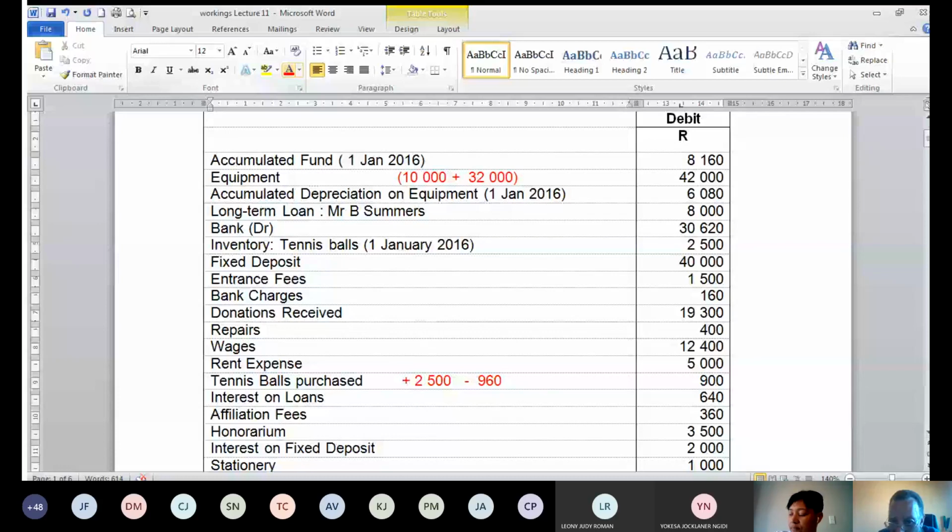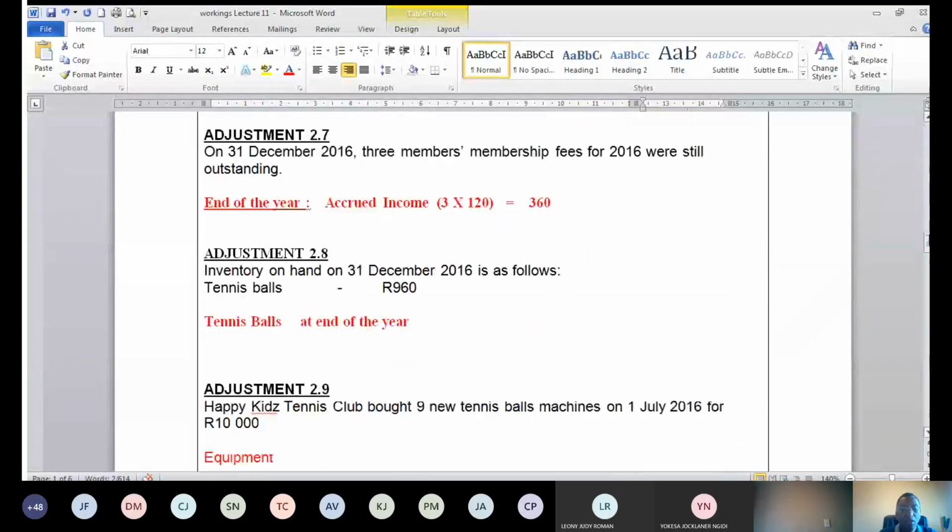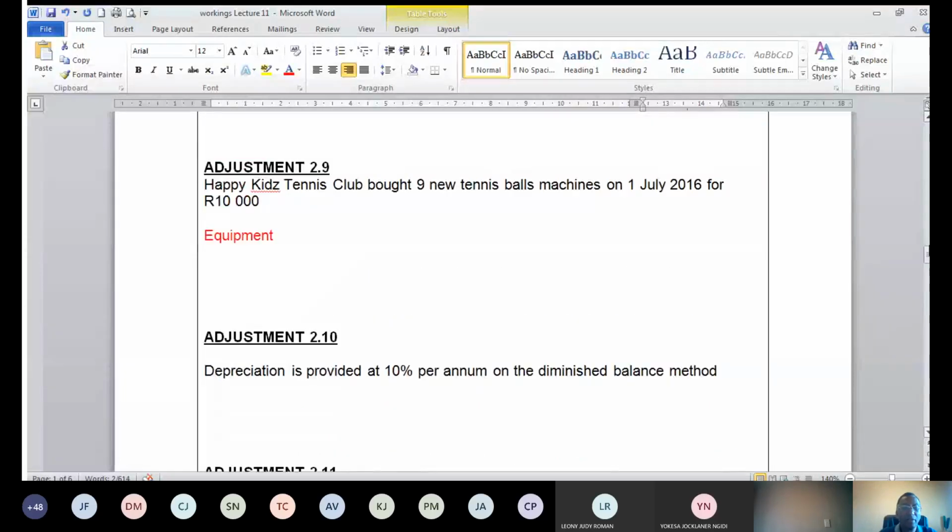We need that calculation when we are going to do the depreciation. So during the course of the year, we bought equipment for 10,000 Rand. The balance at the end of the year is 42,000 Rand. Therefore, we started the year with equipment of 32,000. You need to understand that that is your balance at the end of the financial year. So we continue now, guys. Under 2.9, we are saying equipment was purchased during the year.